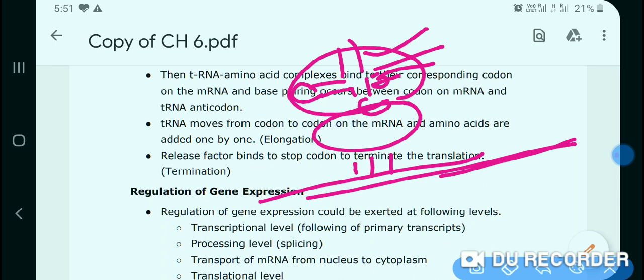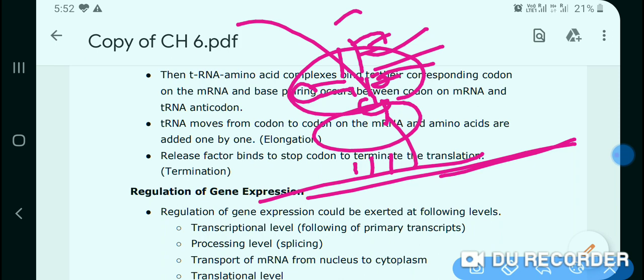Here you know that amino acids are attached one by one, and when they are attached one by one, they form the polypeptide chain. There is a groove through which this is removed.